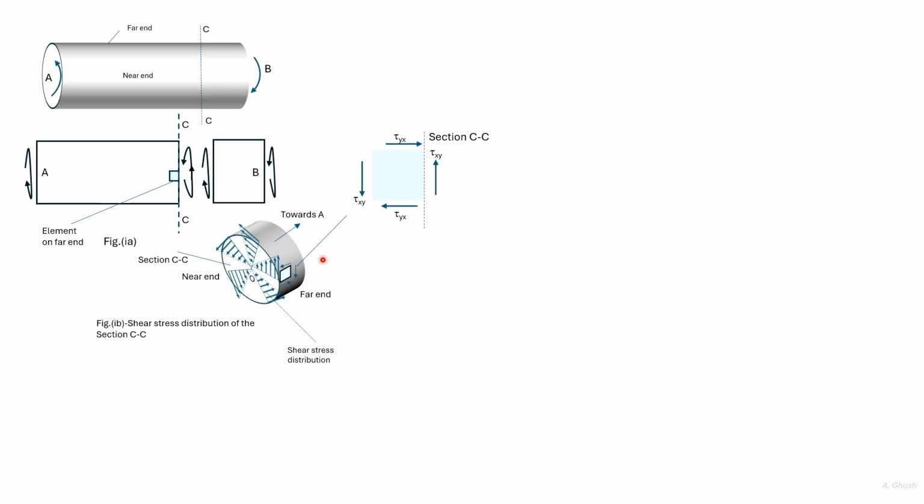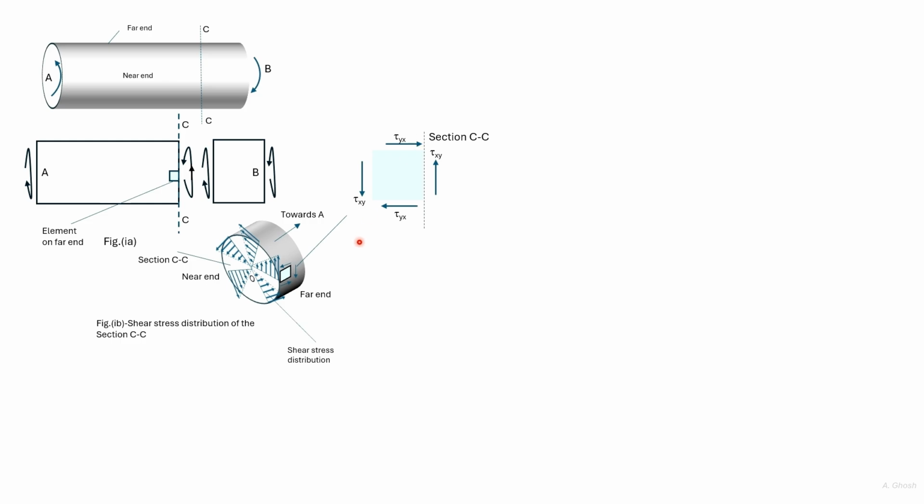Here we have given a magnified view of this element. Now at the section CC, the stress acts upwards. Here, this is the section CC, and here tau xy acts upwards. This tau xy is this tau xy.